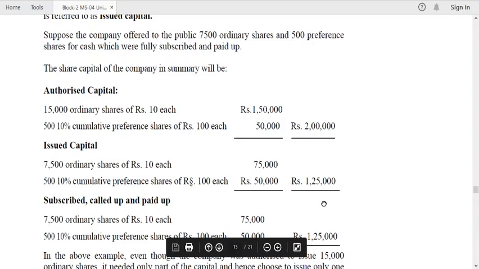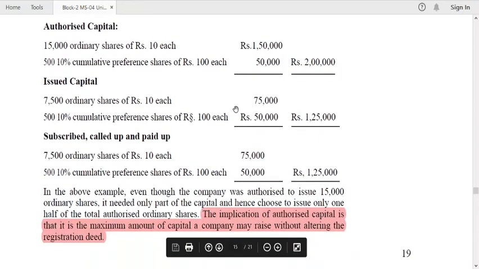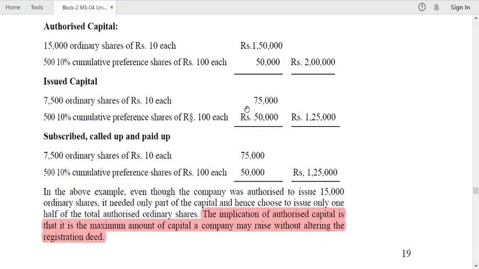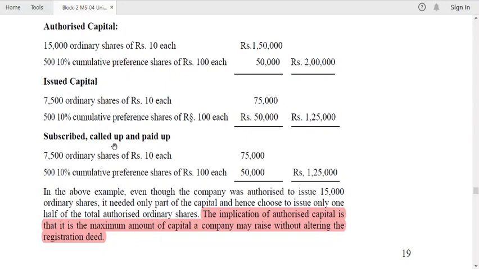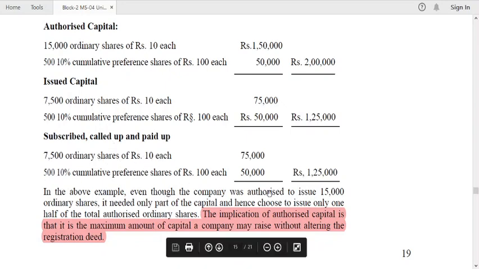Put together, 1,25,000. If all these sold shares are subscribed fully, then the total paid up capital will be 1,25,000. Then it is called subscribed capital, called up capital, or paid up capital.